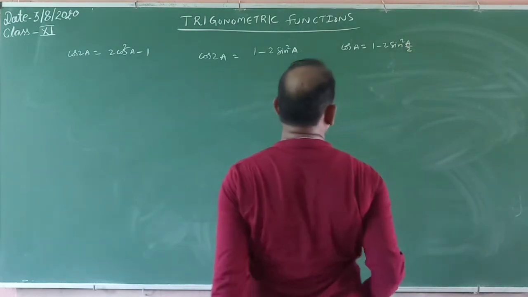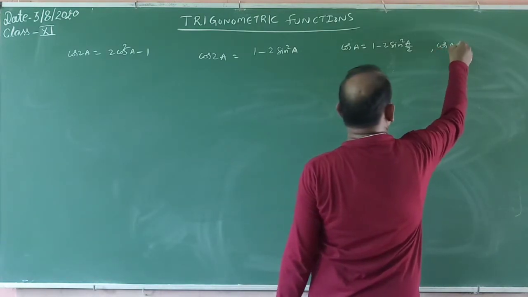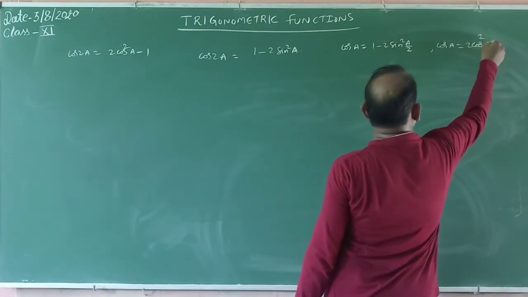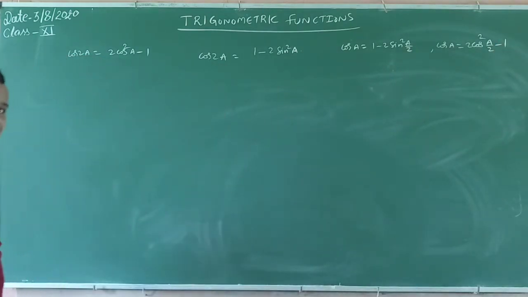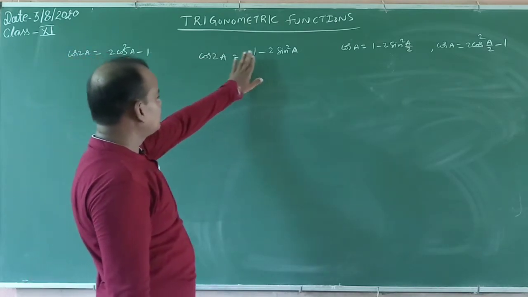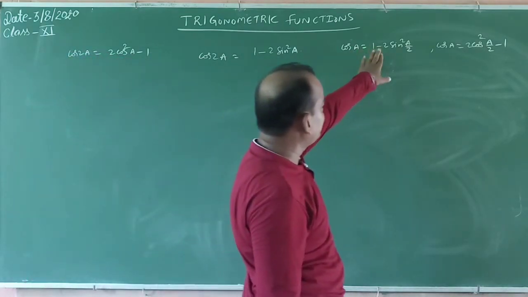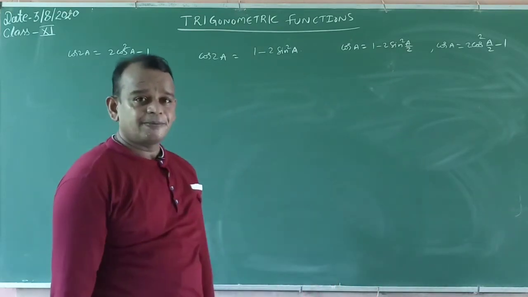And another formula of cos A: 2 cos square A by 2 minus 1. Just before I explained: cos 2A formula 2 cos square A minus 1, cos 2A formula 1 minus 2 sin square A, cos A formula 1 minus 2 sin square A by 2, cos A formula 2 cos square A by 2 minus 1. Say yes or no?